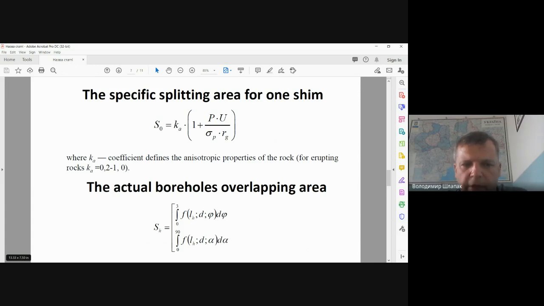For determining a specific splitting area, we can use the equation above. So in all other possible positions, the actual boreholes overlapping area will be below.